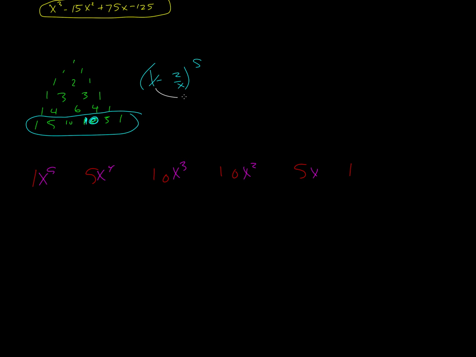Then we start with this piece at 5, but on the other end. So -2 over x raised to the 5th, -2 over x raised to the 4th, -2 over x to the 3rd, -2 over x squared, -2 over x to the 1, and then I'm not going to write anything on that one, because if we raise something to the 0, it is just 1, and that won't affect our multiplication.